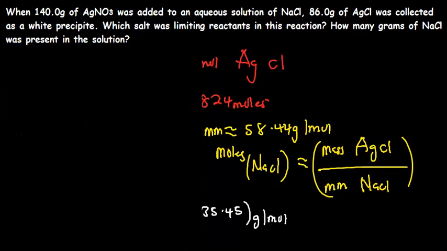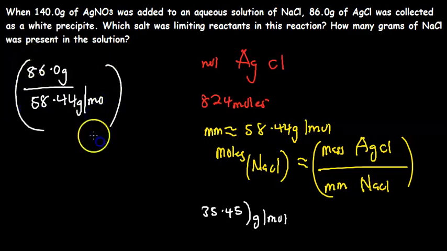At this point, what is the mass of silver chloride? We are given the mass of silver chloride to be 86.0 grams, divided by 58.44 grams per mole. Grams per mole will cancel out.